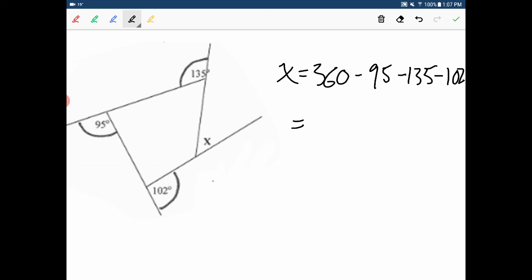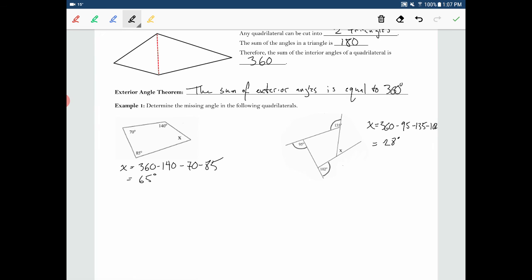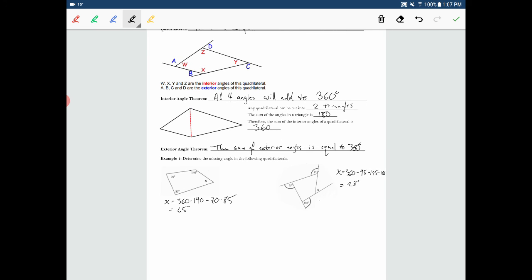I did not do this ahead of time. That gives us 28 degrees. Whoops, that's supposed to be degrees. Again, feel free to double check that. I have been known once or twice to make mistakes. But there we go.